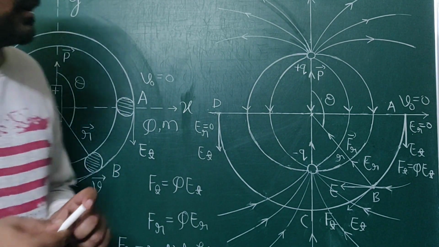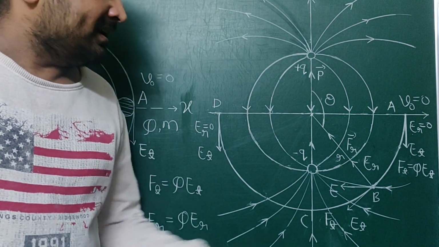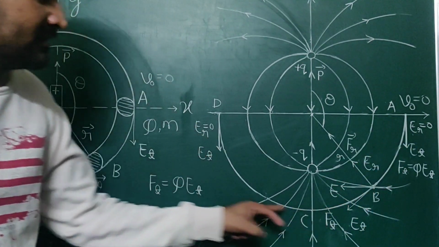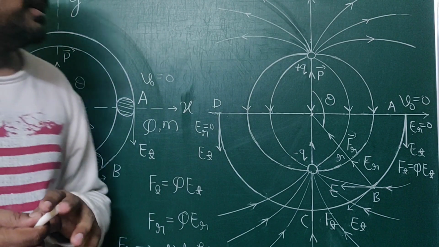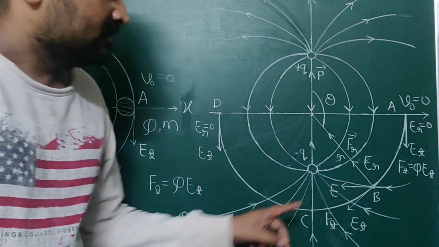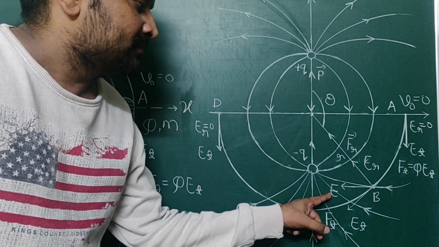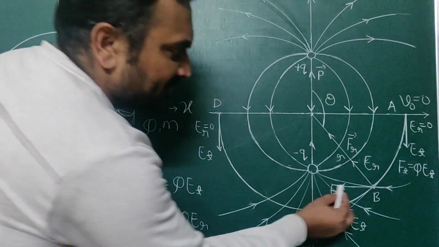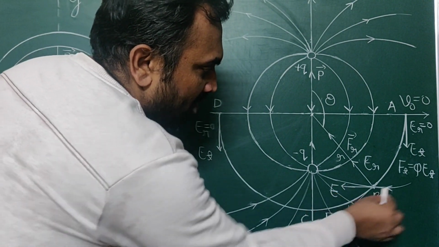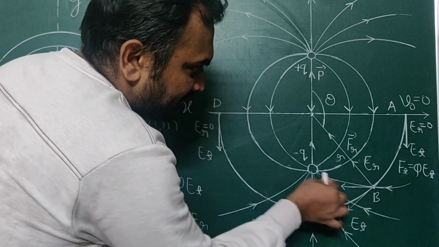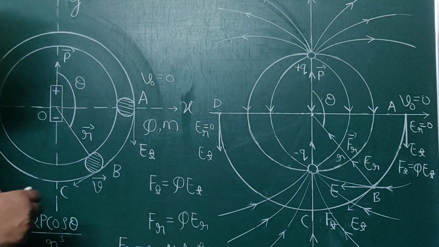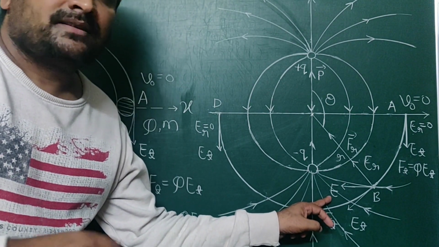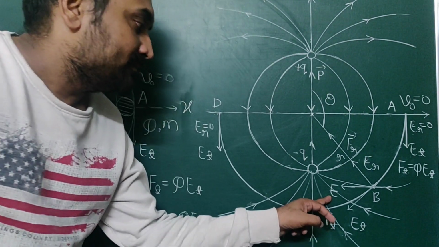Now, let us consider any intermediate point B on the semicircular path of the bead such that E is the electric field of the dipole at point B, which is taken along the tangent drawn on the electric field lines reaching the negative charge. Now, this electric field can be resolved into two components.